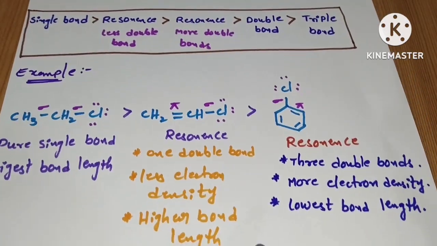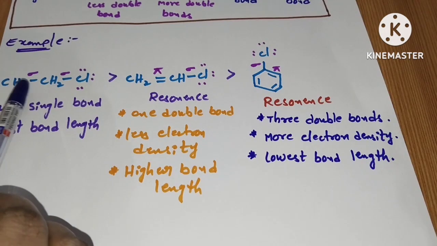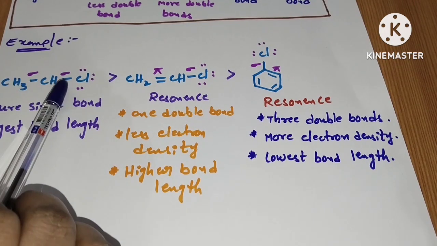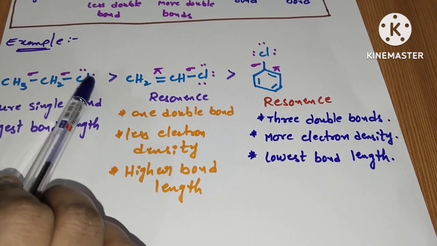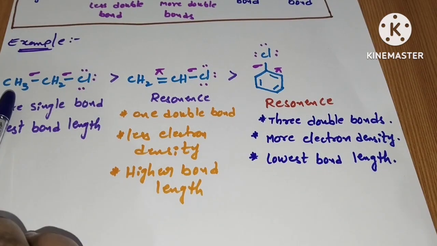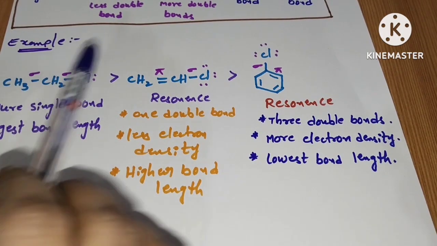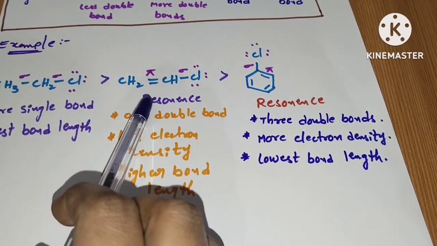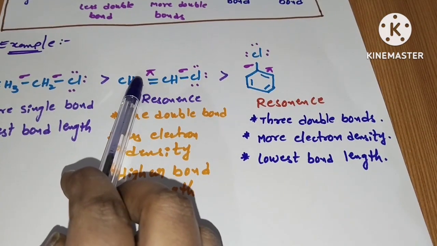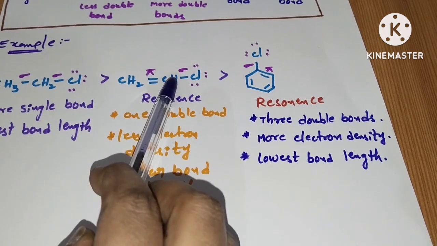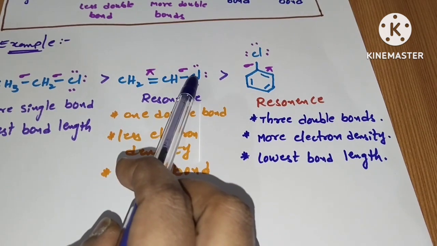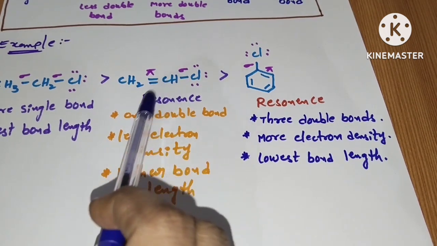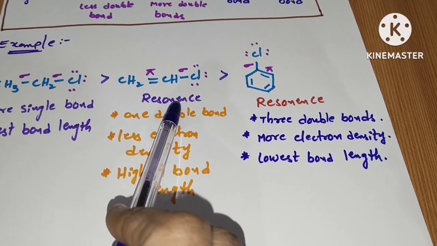For example, in this compound, there is sigma bond and lone pair of electrons. Hence, no resonance is possible in it. It is a pure single bond. In this compound, there is pi bond, sigma bond and lone pair of electrons. So, resonance is possible.